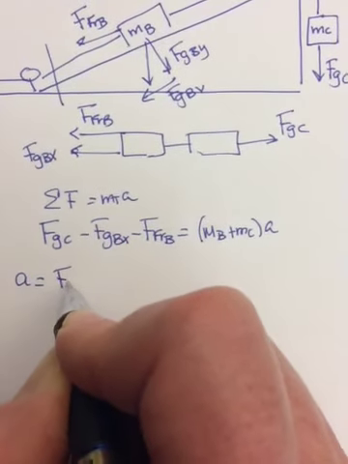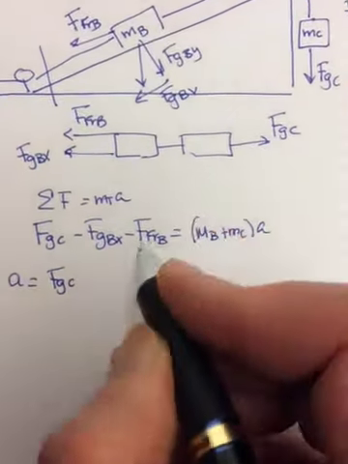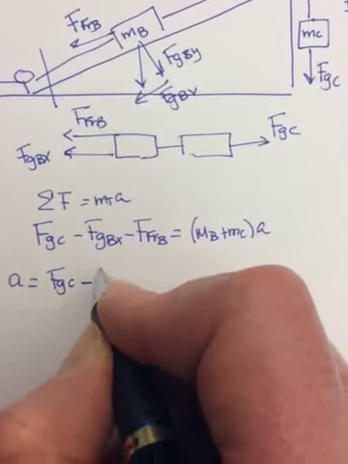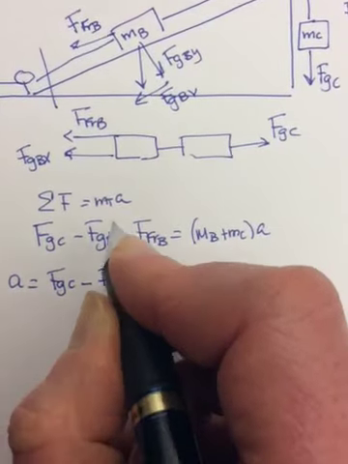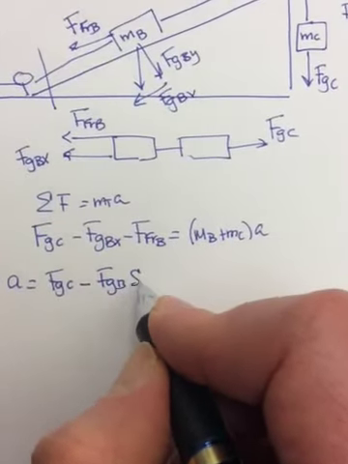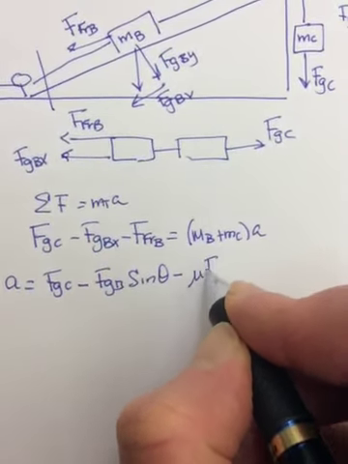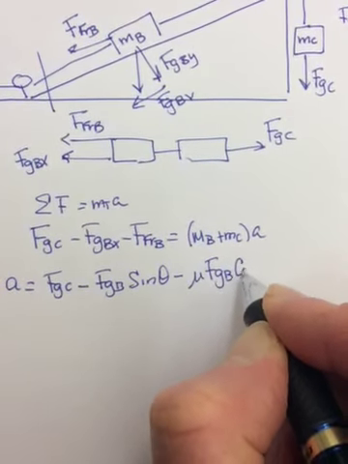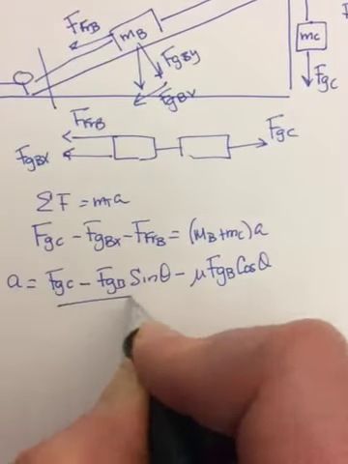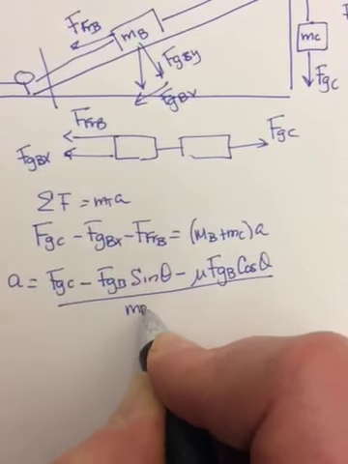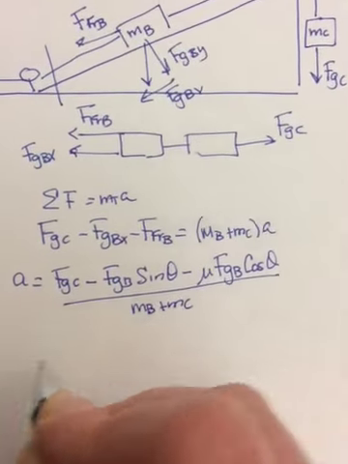So this will be FGC, I'm not going to break it down because we have FGC already, minus FGB, and the X component is sine theta, minus mu FGB cos theta, and then divide it by MB plus MC.